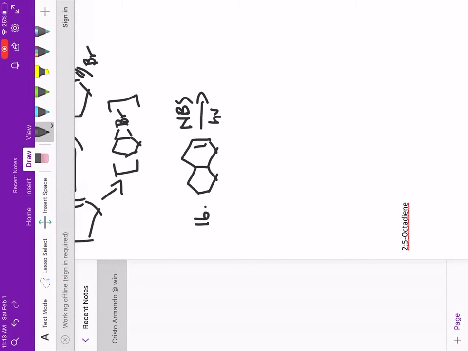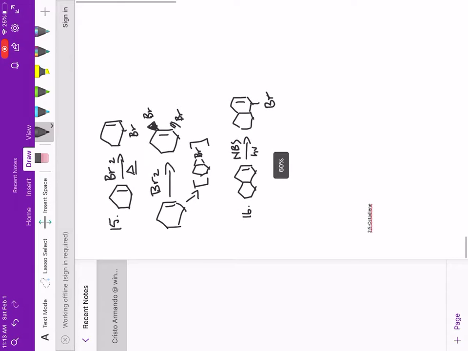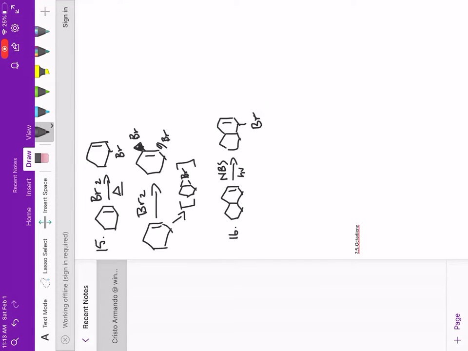So we're going to be left with a similar product as in problem number 15. We're going to retain a double bond and then just gain a Br right there. So if we look at these together, very similar products. Right, adding a Br to the allylic carbon right there, and adding a Br to the allylic carbon right there.